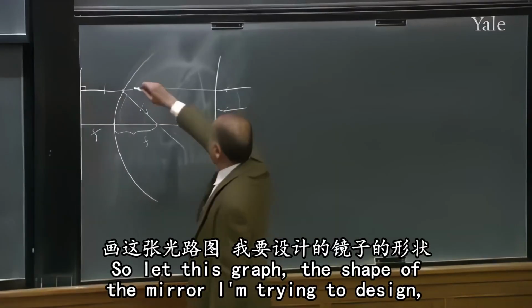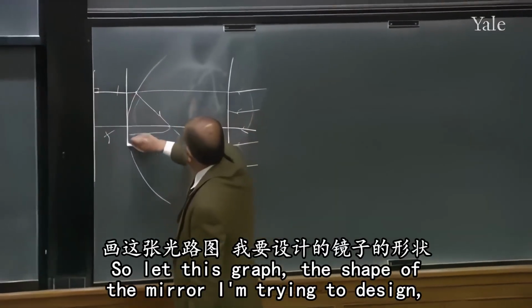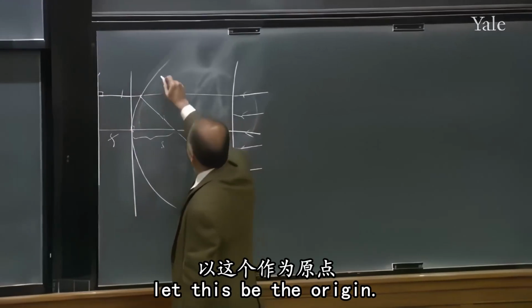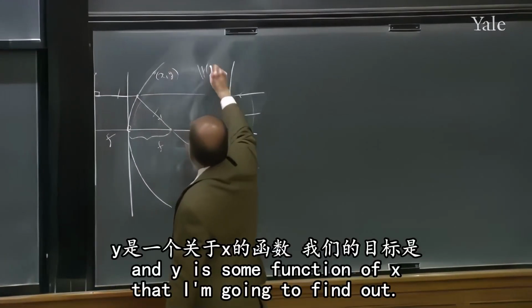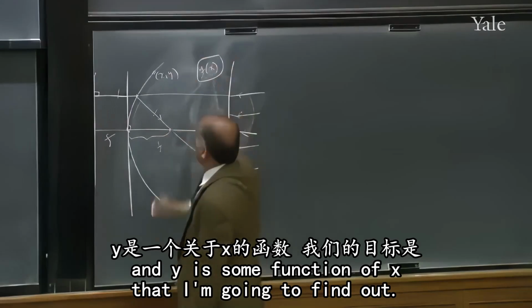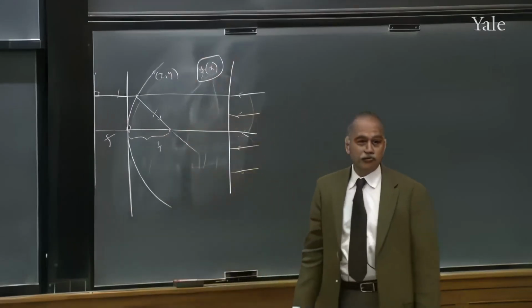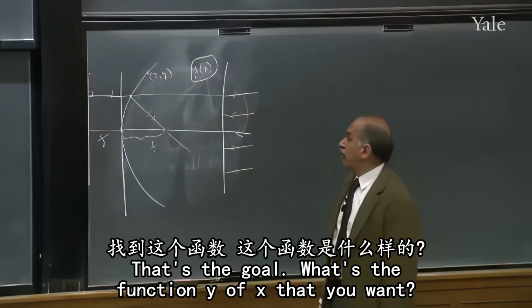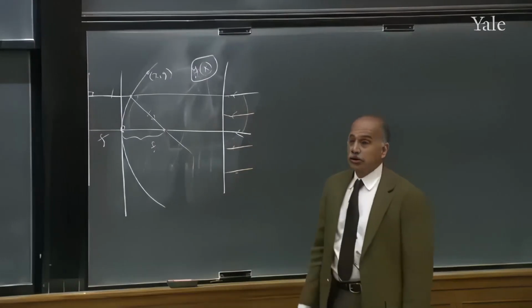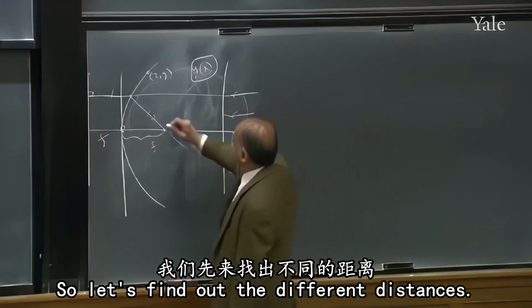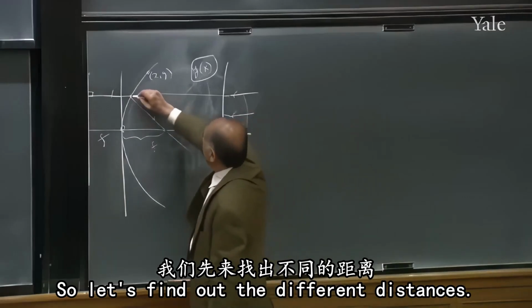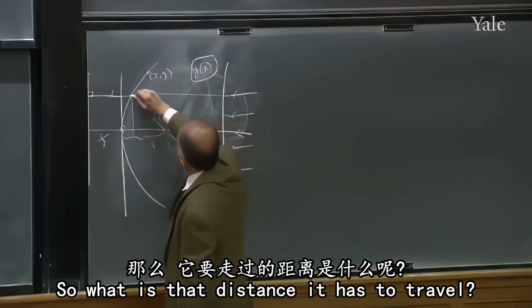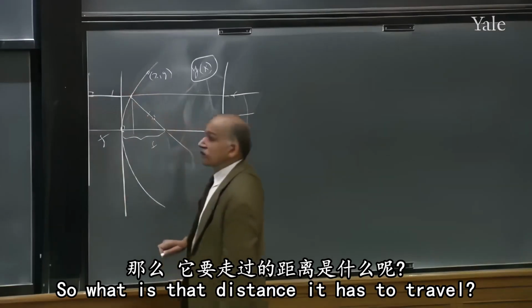So let this graph, the shape of the mirror I'm trying to design, let this be the origin. This is some point with coordinate x, and y is some function of x that I'm going to find out. That's the goal. What's the function y of x that you want? So let's find out the different distances. What is the distance it has to travel?